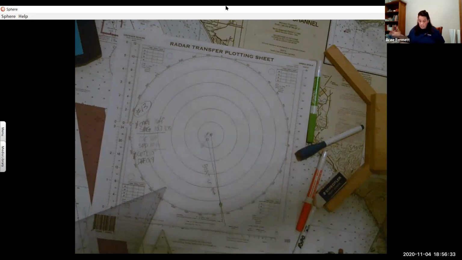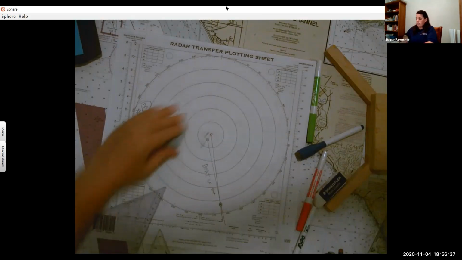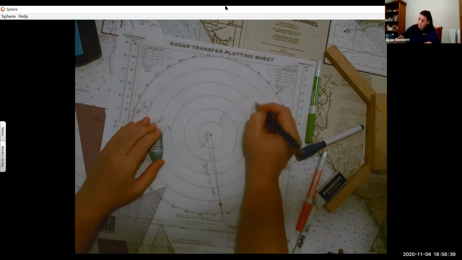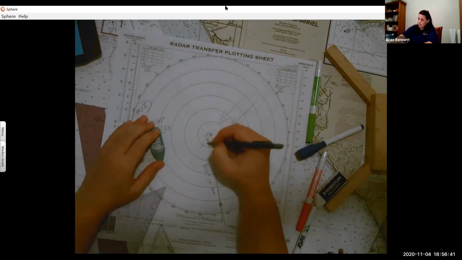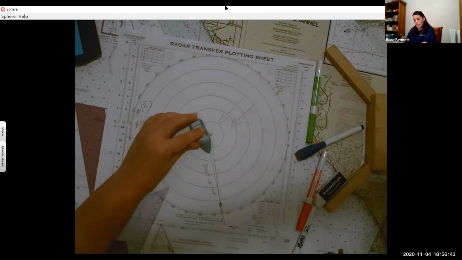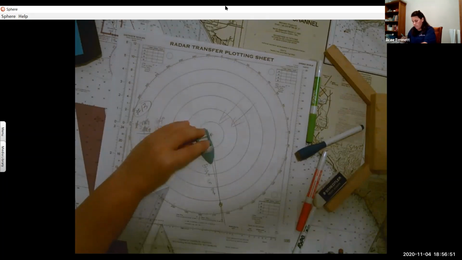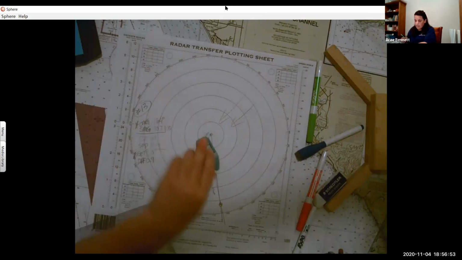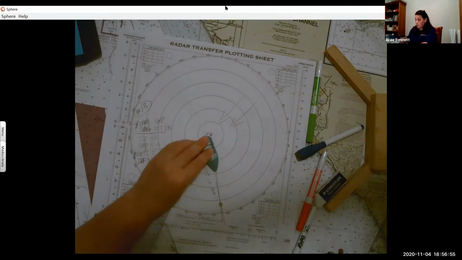So let's see if it checks out. If the current is pushing in this direction and my boat is headed in this direction, my made good, let's see, is this making sense? My made good would be 164.